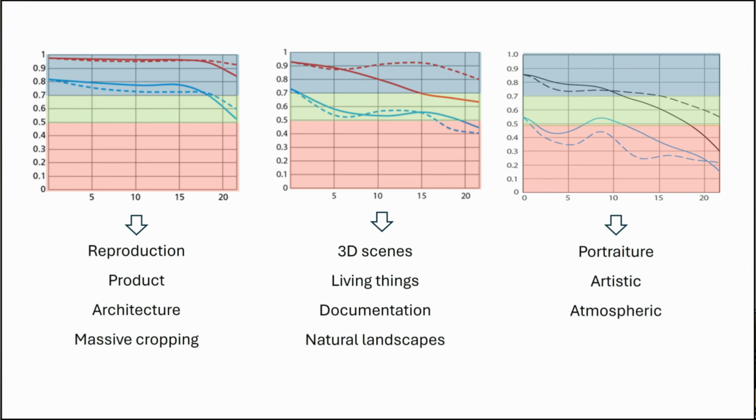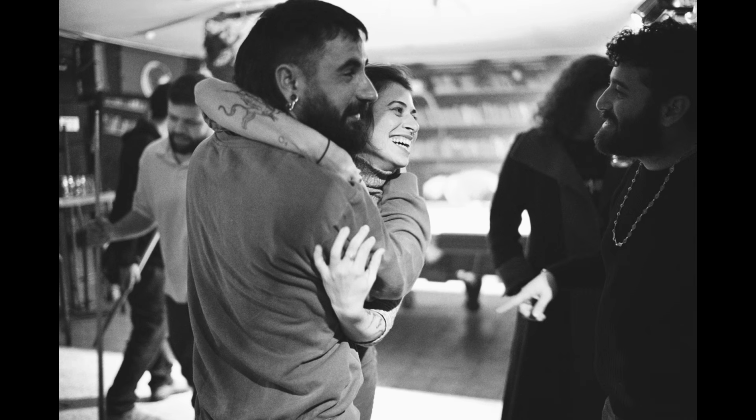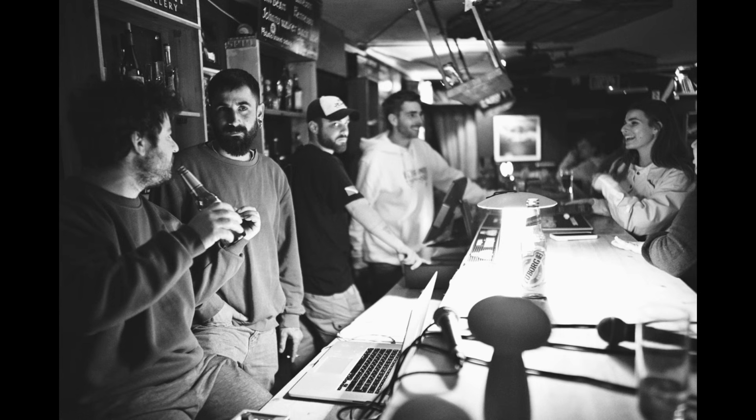And of course, those lenses are good for general documentation, especially documentary photography as a specific genre, where you want to portray the gestalt or the experience of being in a place at a certain moment.